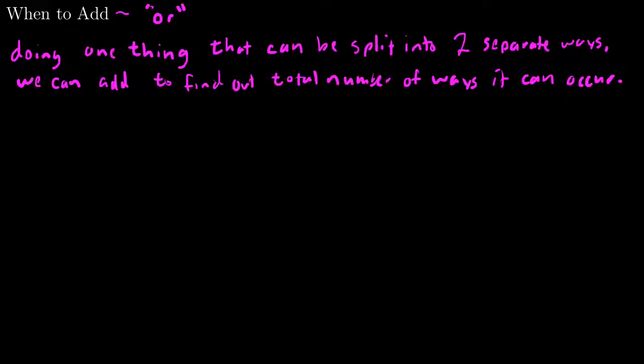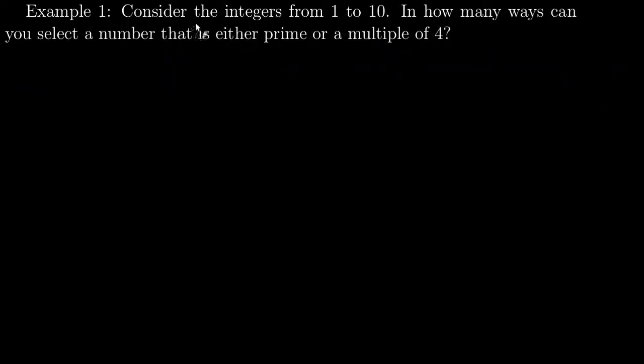Here's an example. So we'll consider the integers from 1 to 10. And I want to know in how many ways I can select a number that's either a prime number or a multiple of 4. So I'll start off, I'll write out the integers from 1 to 10. Just list them all off.